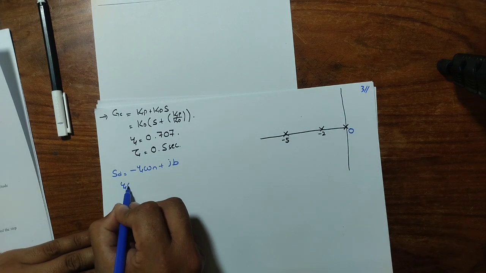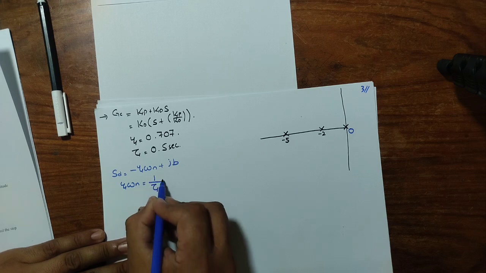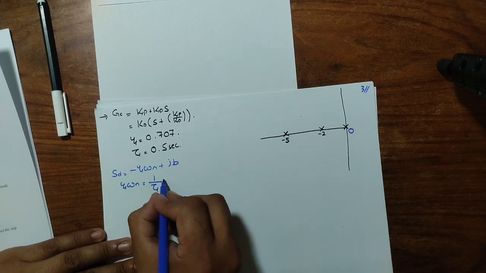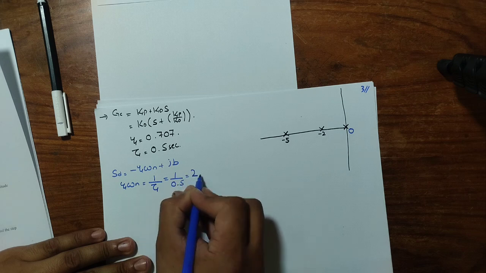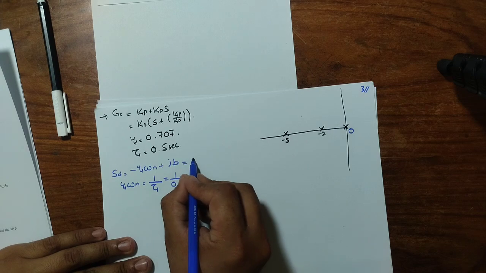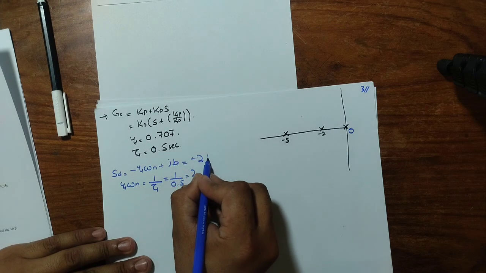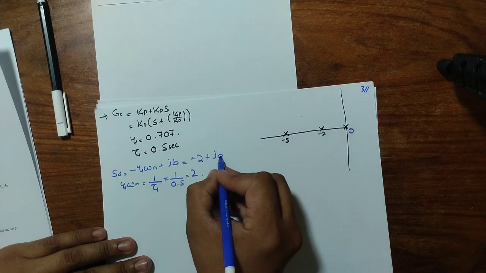As we know, it has an inverse relationship with the time constant, and as the time constant is provided to us, we can say 1 by 0.5, and it is equal to 2. So this is the real contribution of this ST, right? I can write it here: it is -2 plus, now we are trying to find the B, right? So B is unknown at this instance.